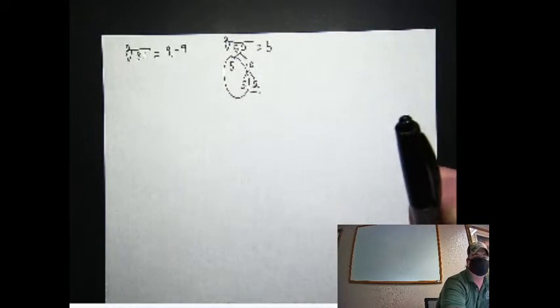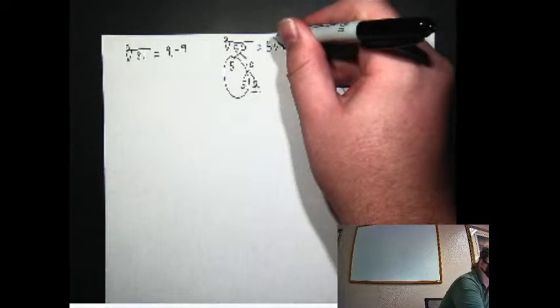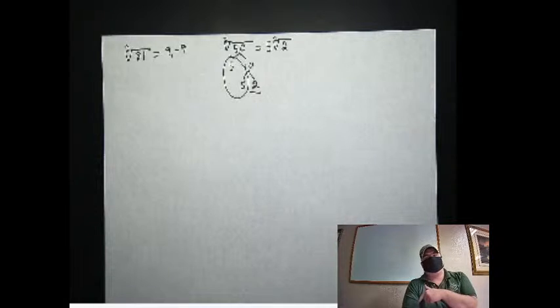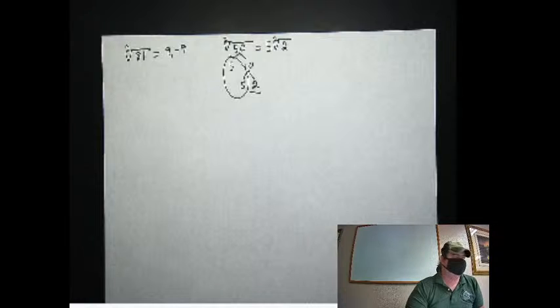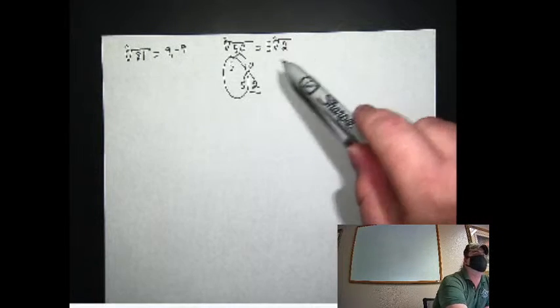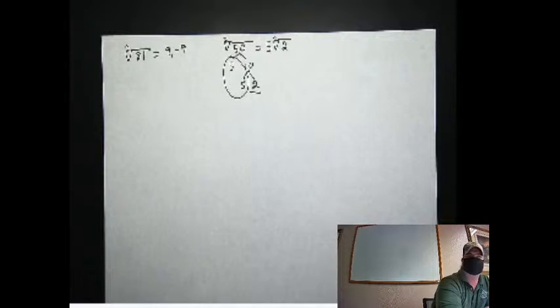What happens to it? Yeah, it gets left underneath that root. And so we can say that the simplified form of square root of 50 is 5 square roots of 2. And this is useful because this will probably allow us to do a lot more calculation with something like this than we would be able to do with just square root of 50. Any questions?